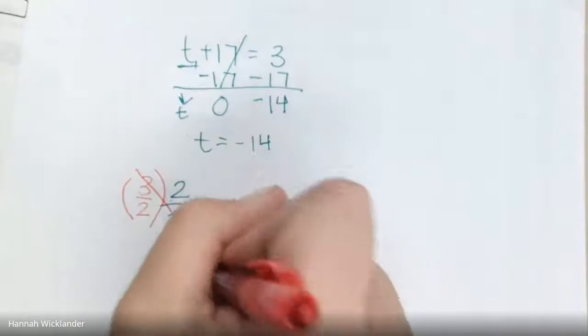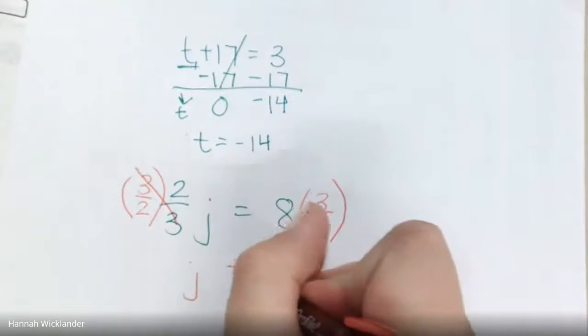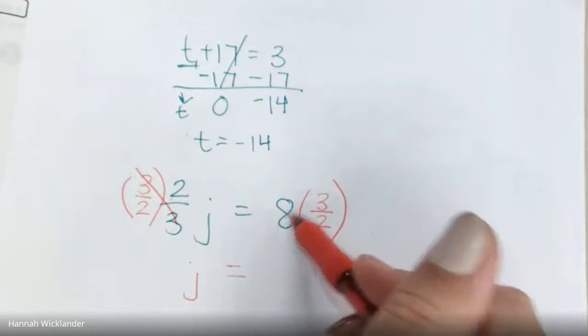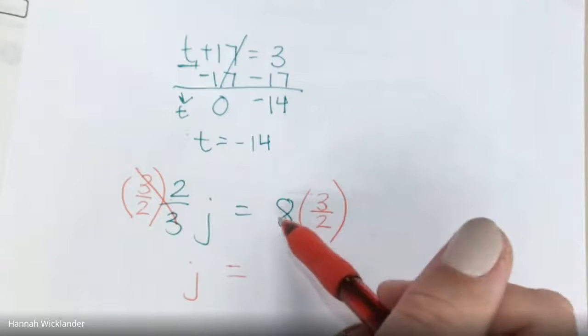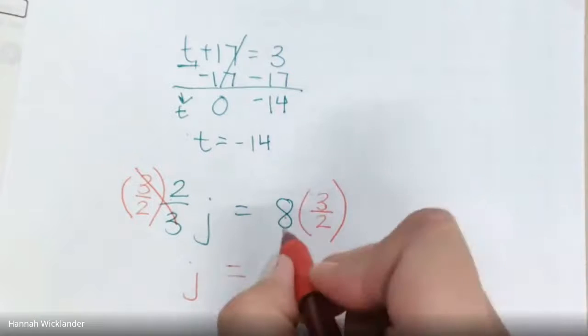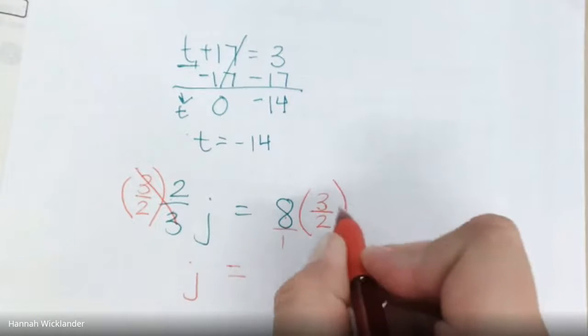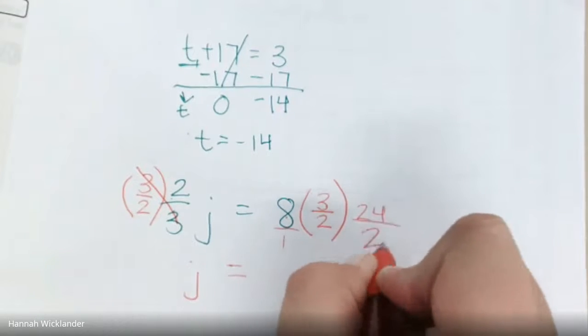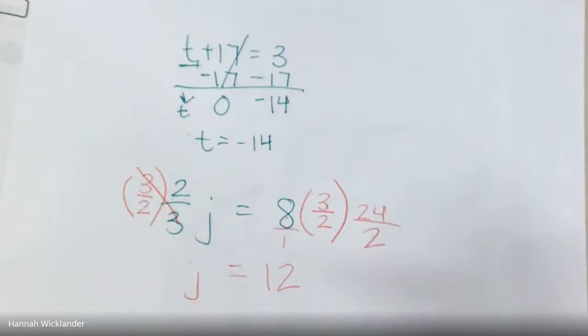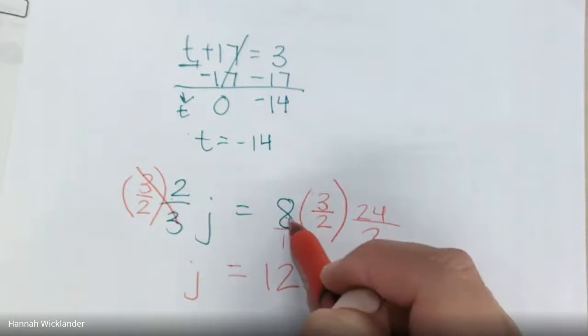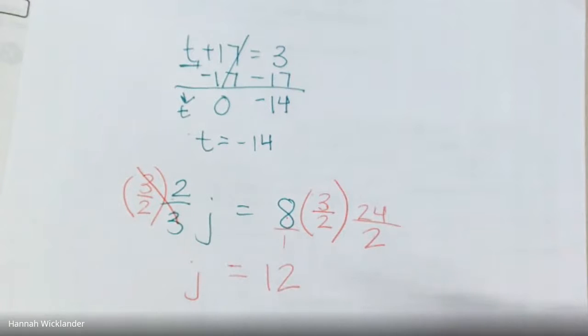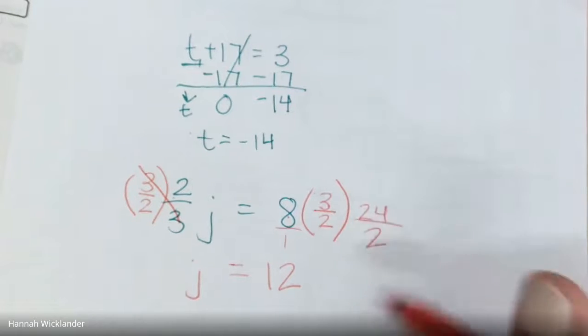This cancels out, and I'm left with j equals... So I'm going to now multiply my fraction, so it's actually 8/1. So I have 24 divided by 2, which gives me 12. So j equals 12. Or you can plug 8 times 3 divided by 2 into your calculator. It's up to you. But I just wrote it out.